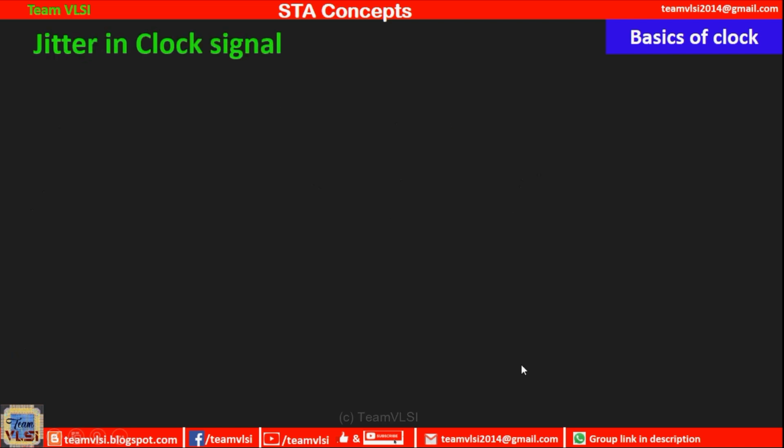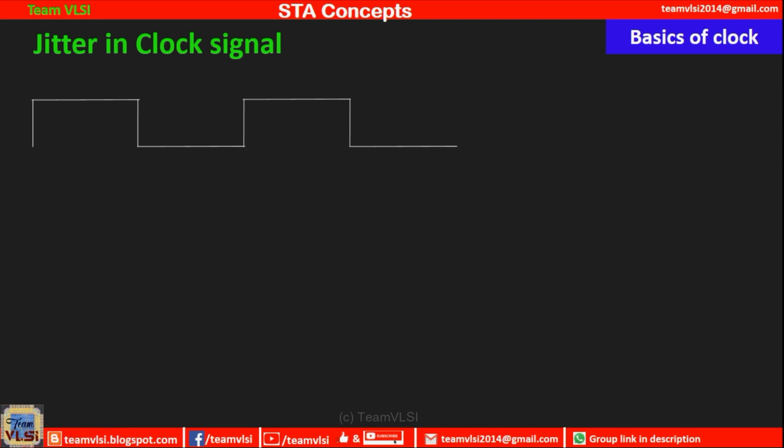Now we will see the jitter in the clock signal. Ideally, we expect the clock signal like this. Consider a clock frequency of 1 gigahertz. Then its period will be 1 ns, that is 1000 ps. So the falling edge should come at 500 ps and the rising edge should come at 1000 ps.